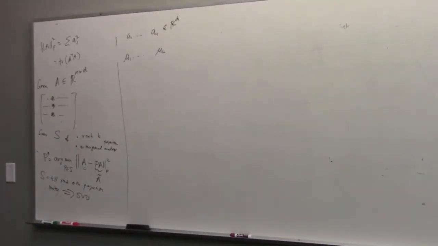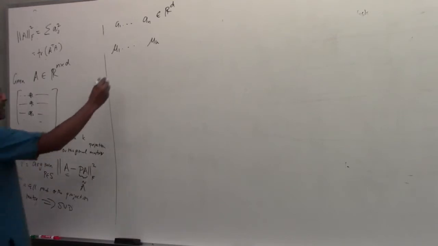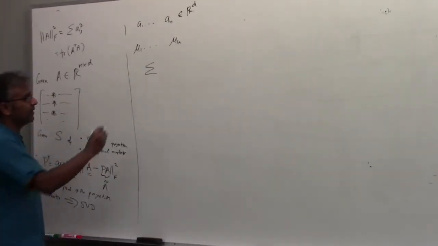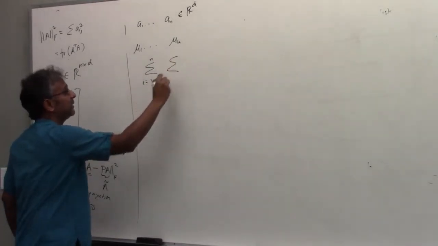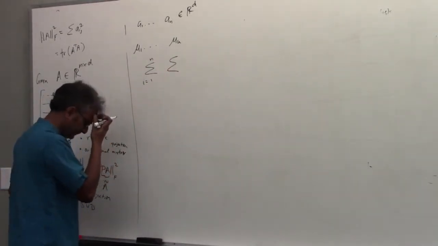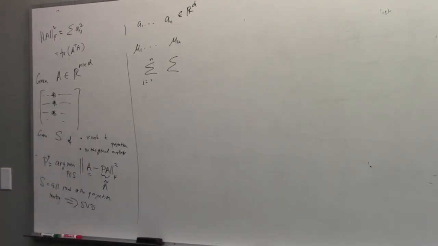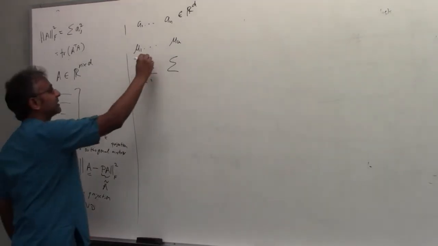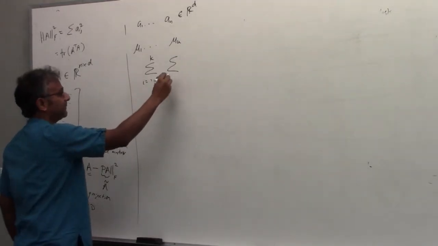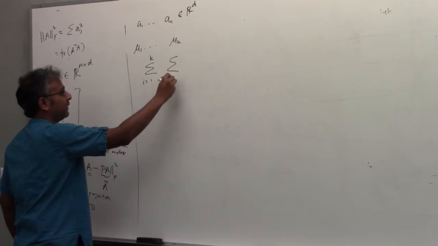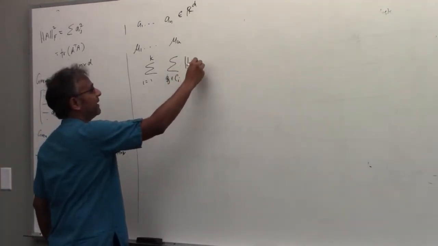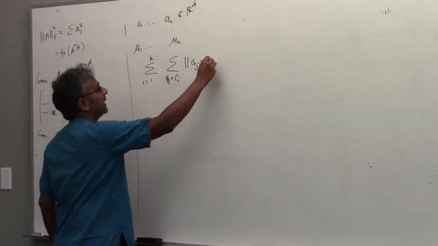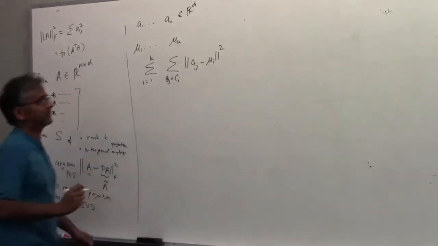In that case, what am I trying to optimize now? I'm trying to optimize the sum over all clusters i, over all points a_j belonging to cluster i, of the L2 norm squared of a_j minus mu i.